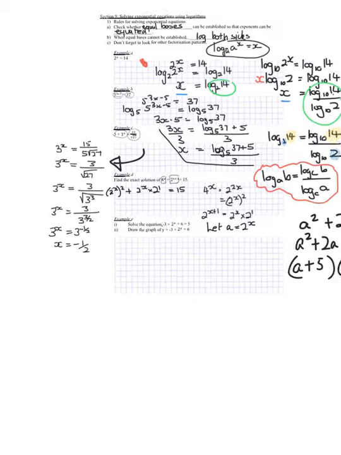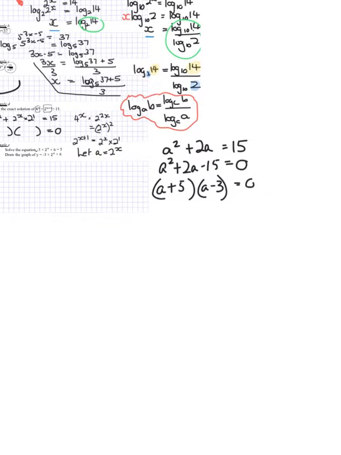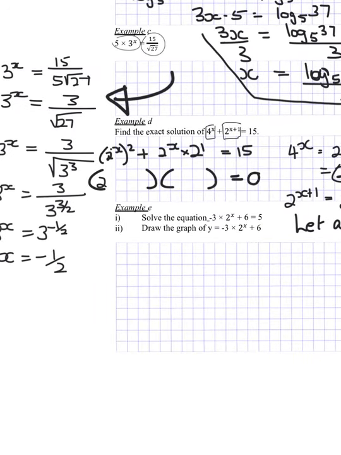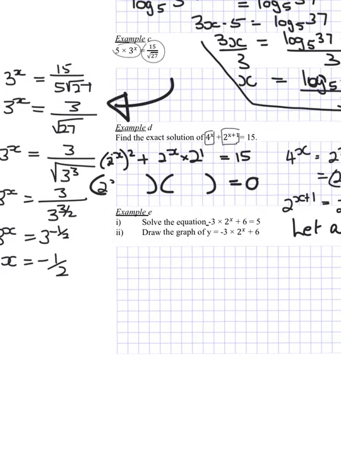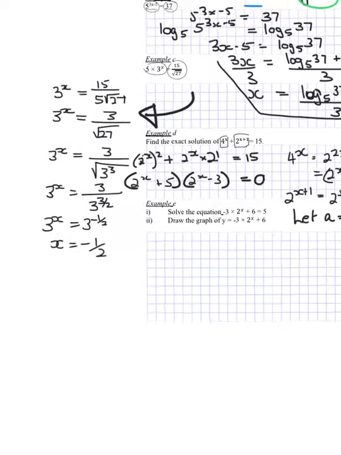That tells us now, if we go back to here, that we can replace the a in our brackets by 2 to the x. So instead of having a plus 5 times a take 3, we get 2 to the x plus 5 times 2 to the x take 3 is equal to 0.